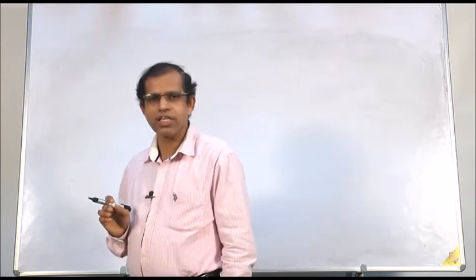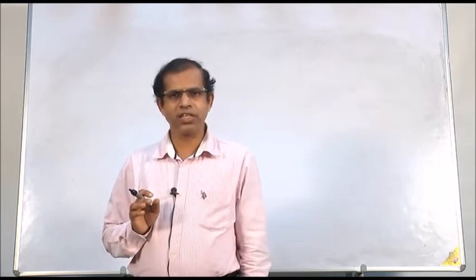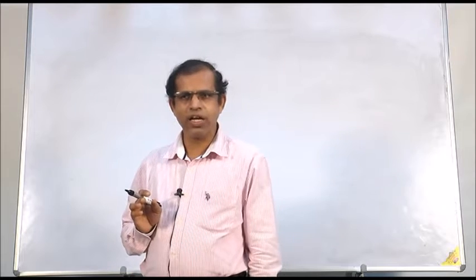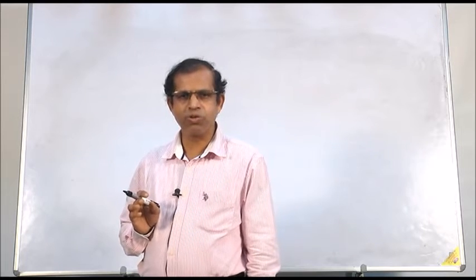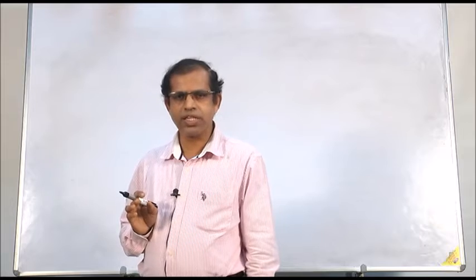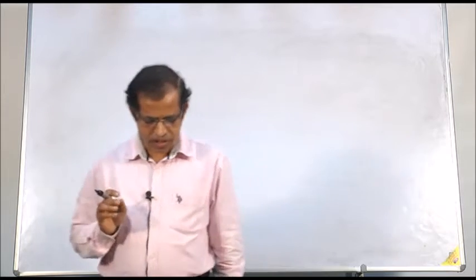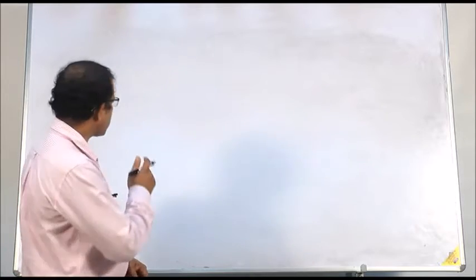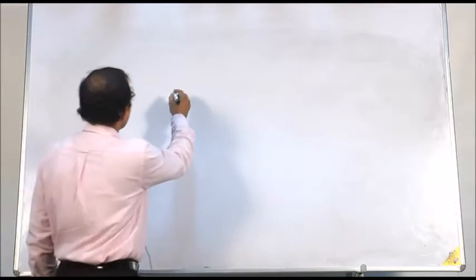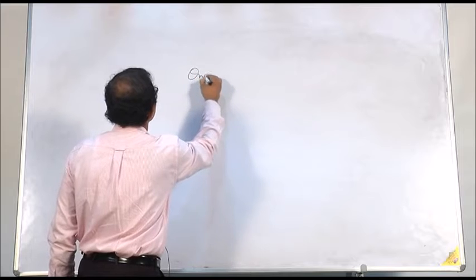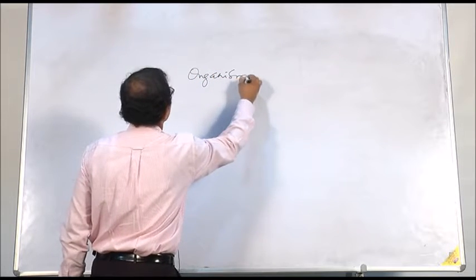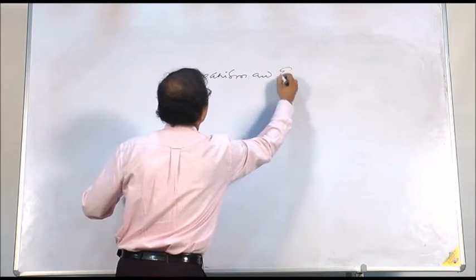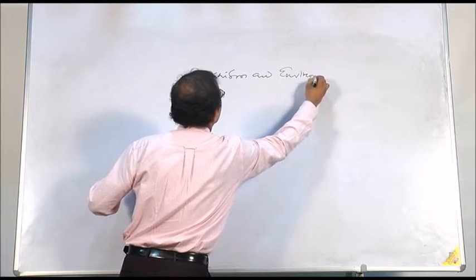And so far as ecology is concerned, it is a very interesting subject, and it has a lot of importance in our present scenario. So let me talk about different concepts. I will deal with organism and environment.